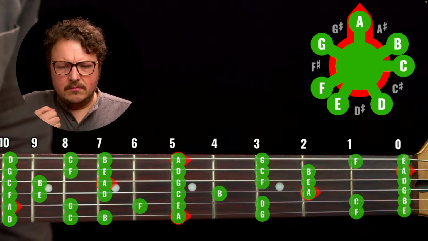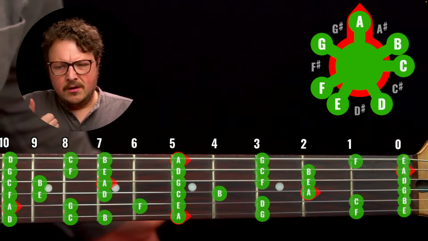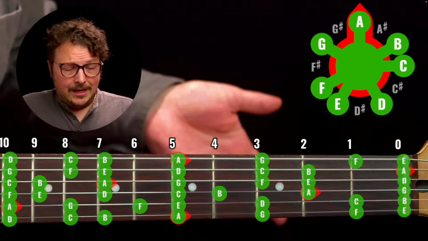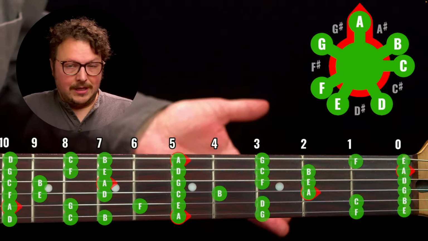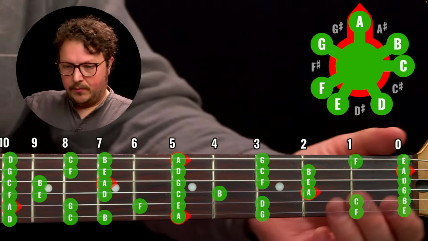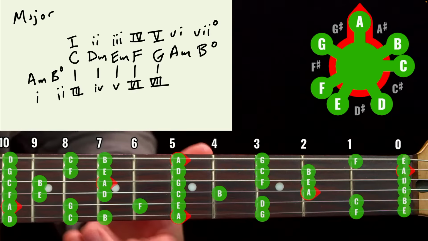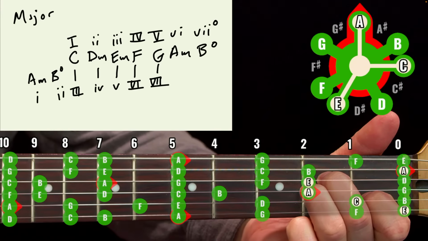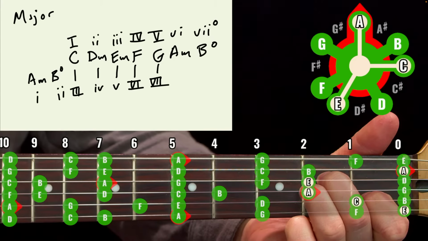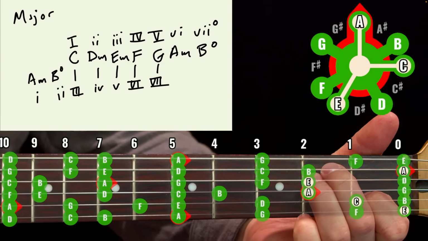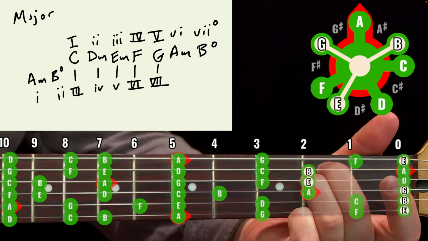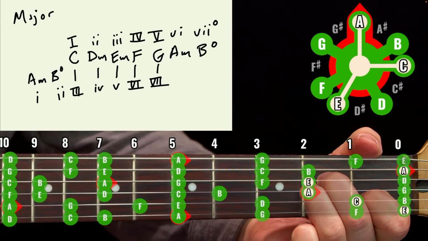So what do we do with this information? Well, you know how songs can be in minor keys and songs can be in major keys. For example, if I were to play the 1 chord and the 5 chord, we're kind of just goofing around in the key of A minor.